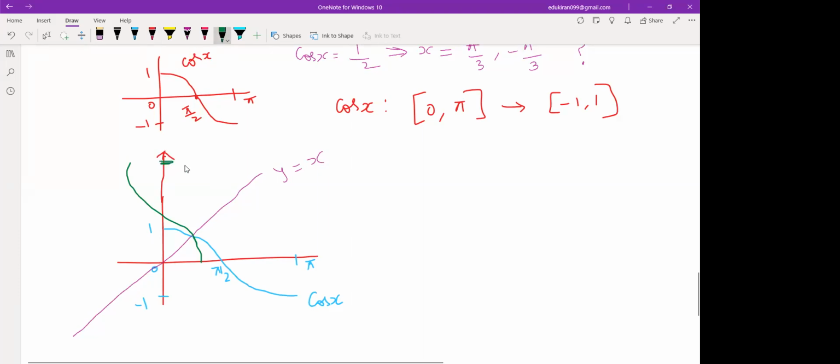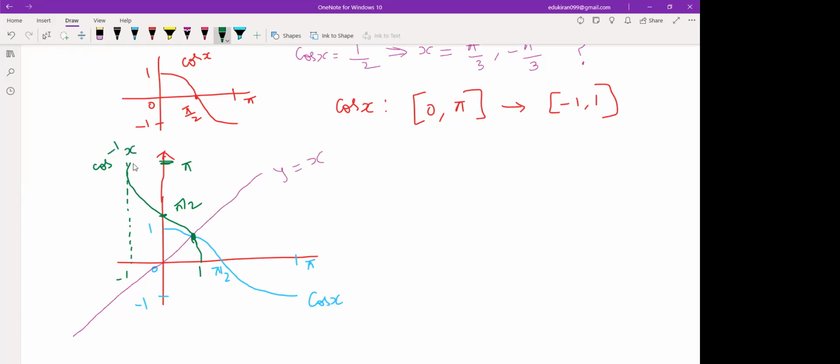This value will be pi. This value will be pi by 2. And this value is 1. And this value is minus 1. So they will intersect on the line y is equal to x. This is the cos inverse x graph.